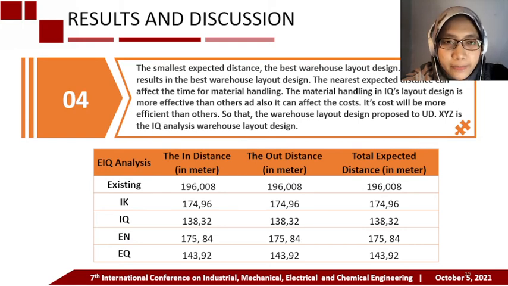For this table, as we know, the smallest expected distance is the best warehouse layout design. So IQ analysis result is the best warehouse layout design, because IQ analysis has a total expected distance of about 138.32.